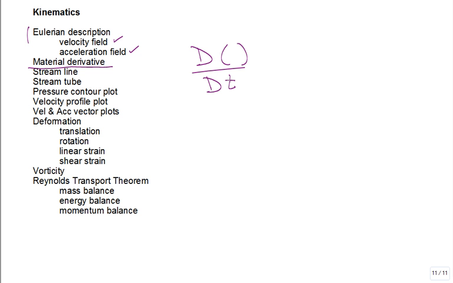That's often how it's used. So it accounts for how it changes with respect to time. And then it had this V dot del operator. And that was the advective acceleration or advective change.